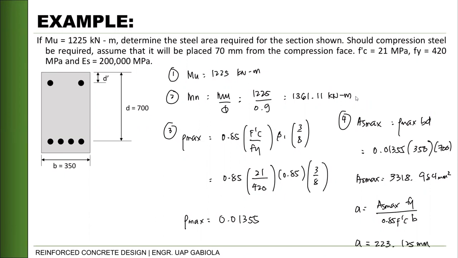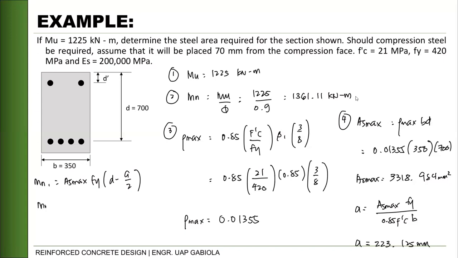Okay? So yung moment natin, Mn1, is equals to As max Fy (d minus a over 2). So we have 3318.984 times 420 times (700 minus 0.5 times the calculated value of a), divided by 1 million.